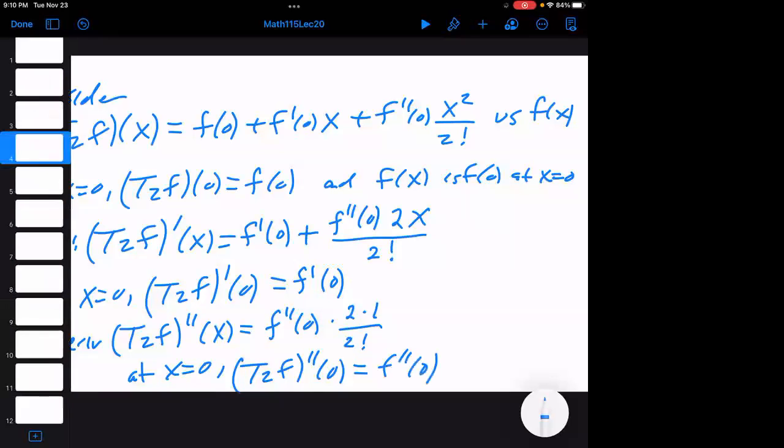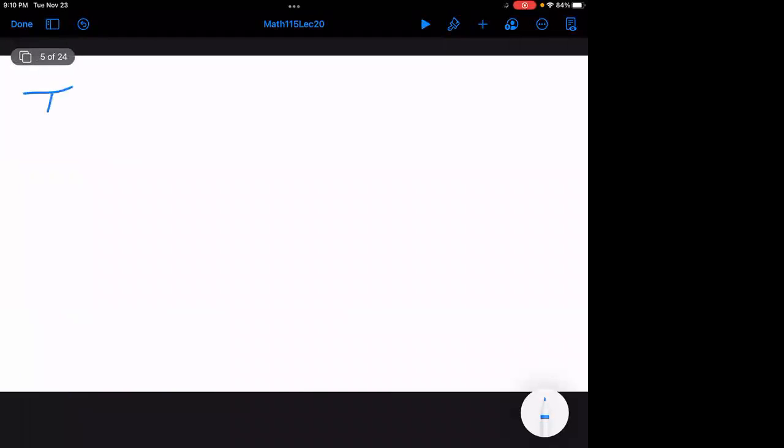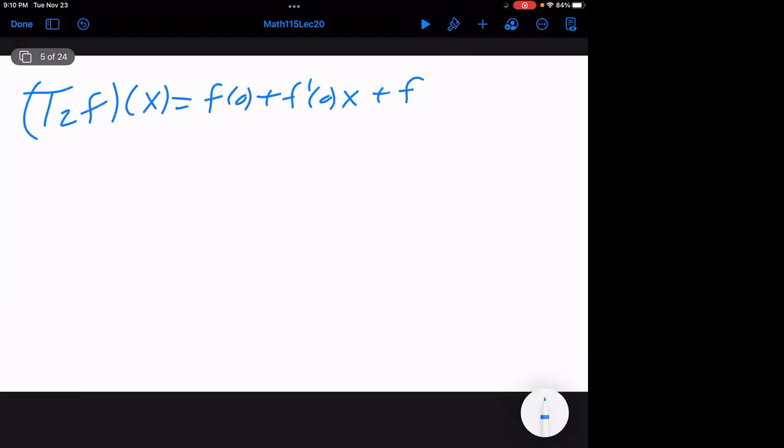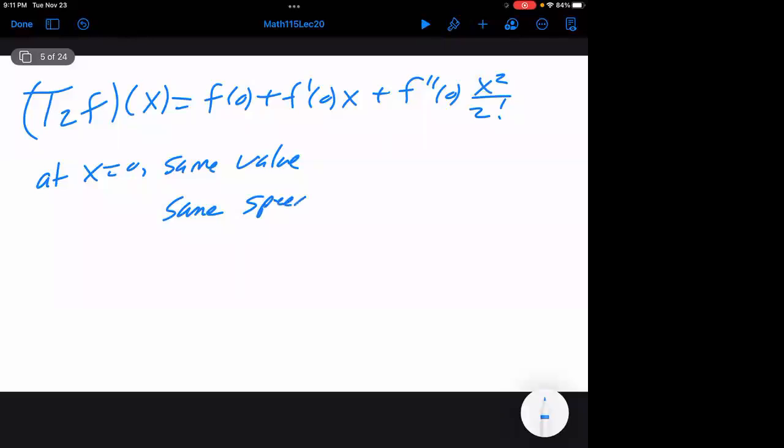So what we've done is, T2 f of x is f of 0 plus f prime of 0 x plus f double prime of 0 x squared over 2 factorial. At x equals 0, it has the same value, same speed, and same acceleration as f of x.